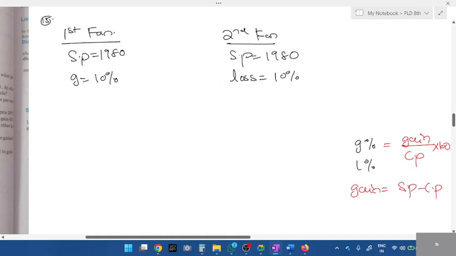SP minus CP. We have two products. So how many SPs are required? Can you see two SPs are there? So what I have to write here? Total selling price. How much is total selling price? You have to add 1980 plus 1980. All of you, first tell me what is total SP.